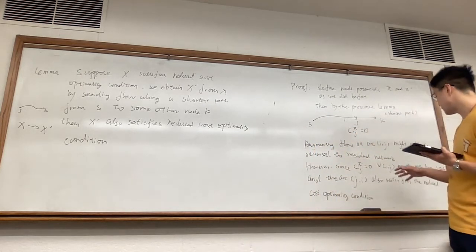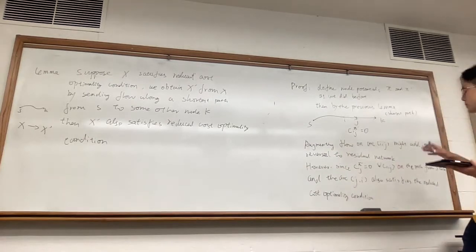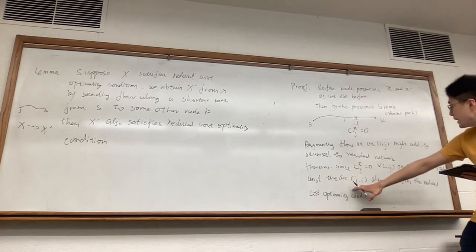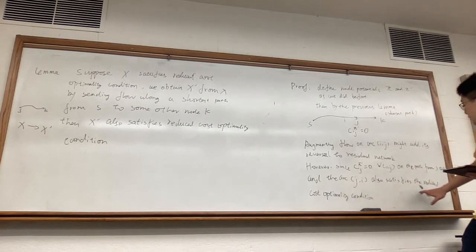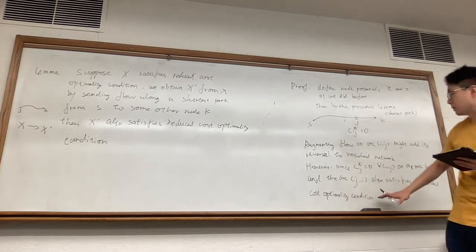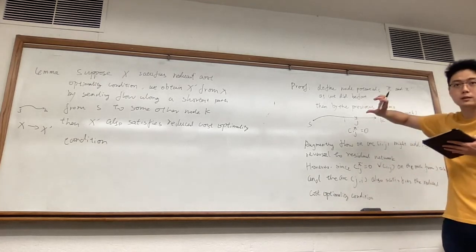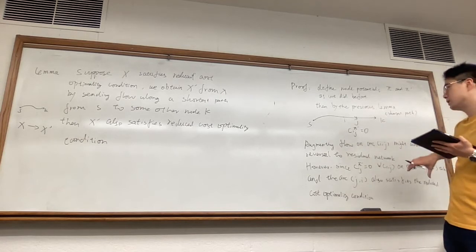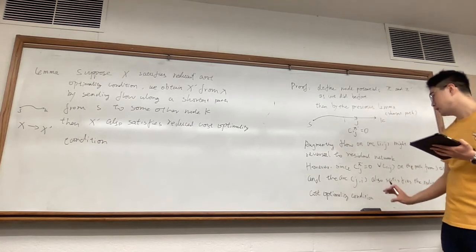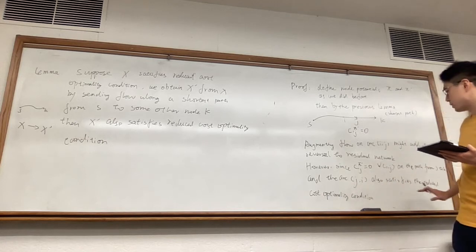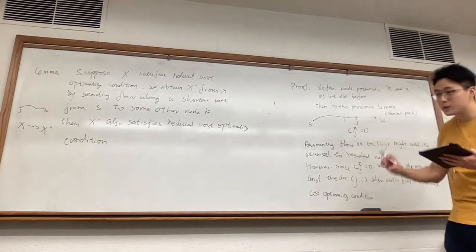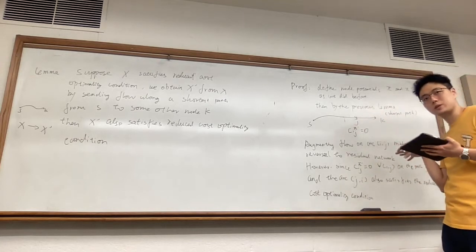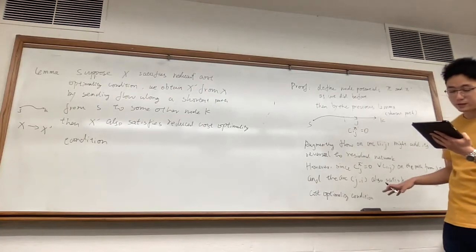Let me elaborate on this. We see that Cij pi prime equals 0 for any ij on this shortest path, and the arc ji in the residual network also satisfies the reduced cost optimality condition, because it's just the opposite and it's 0. So ji should also satisfy the condition, because equals 0 is definitely greater than or equal to 0. Equals 0 implies greater than or equal to 0. So the optimality condition is also satisfied.